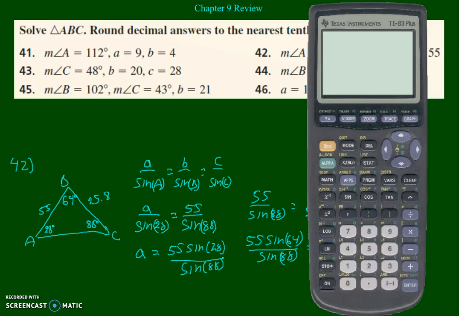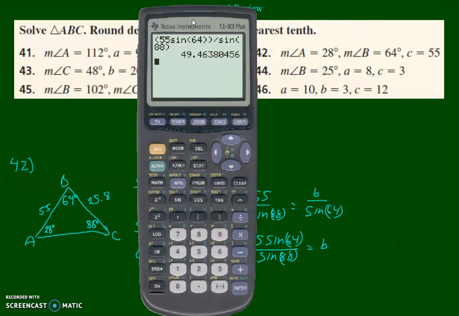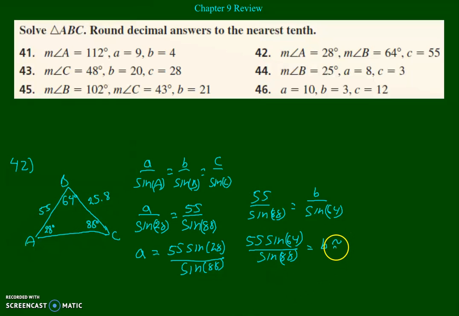Let's get out our calculator. And we have 55 sine 64 divided by sine 88. 49.7. So let's go ahead and write that. And this triangle is solved. Let's go ahead and move on to problem 43.